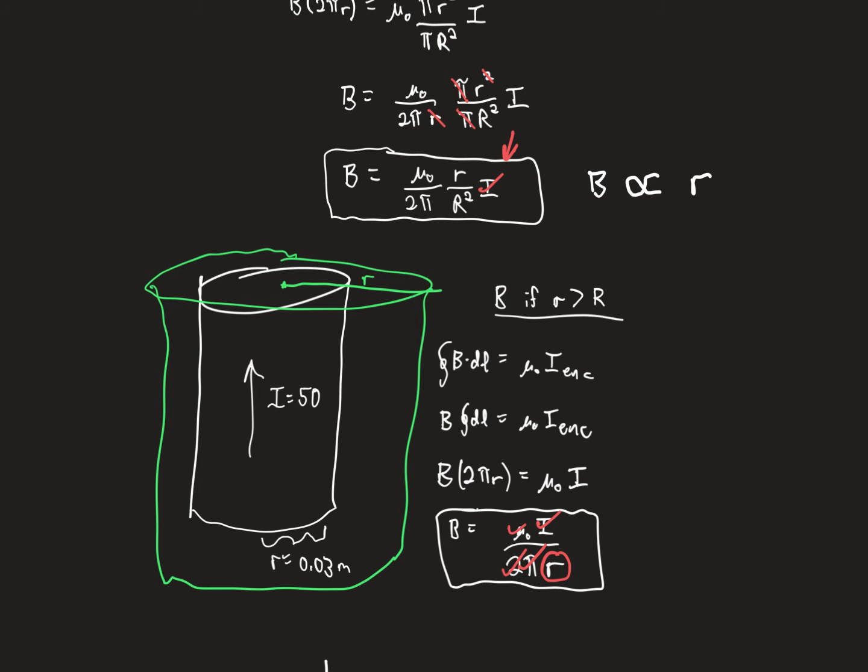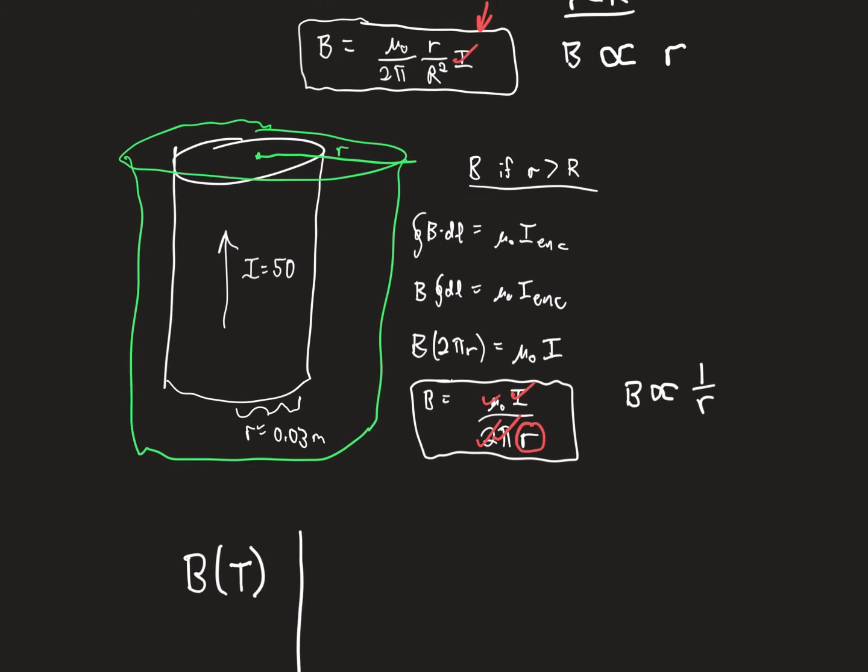B is proportional to r if r is less than big R. And then in the second part, B is not proportional to r. What is B proportional to? How is B related to r when r is greater than big R? I thought I heard somebody say inverse. Yeah? B is proportional to 1 over r.